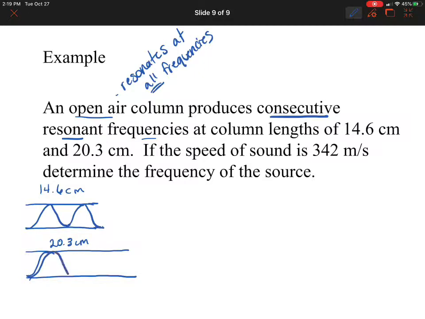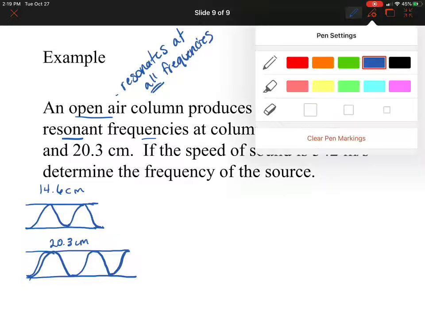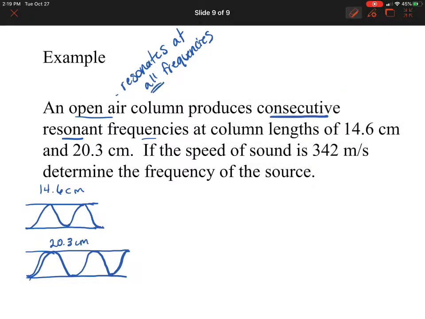What that means is that this will look exactly the same as the one before, except it will just have that one extra half of a wavelength. That's what it means where it's consecutive. It means that when they change the length to anywhere in between, from this guy to this guy, there was no sound or very little sound. It wasn't a nice resonant frequency.